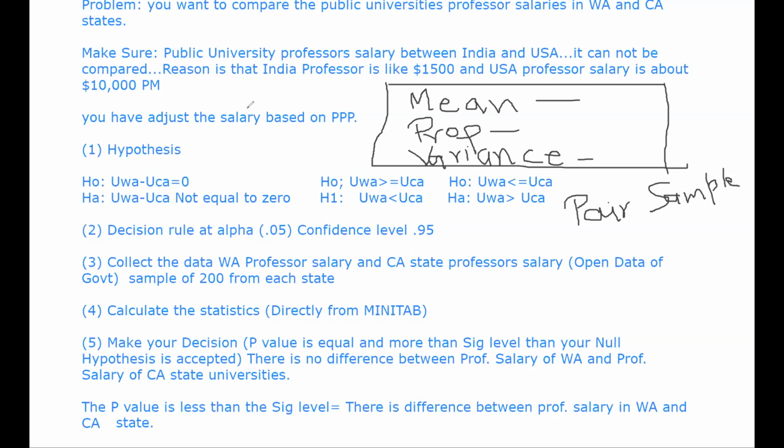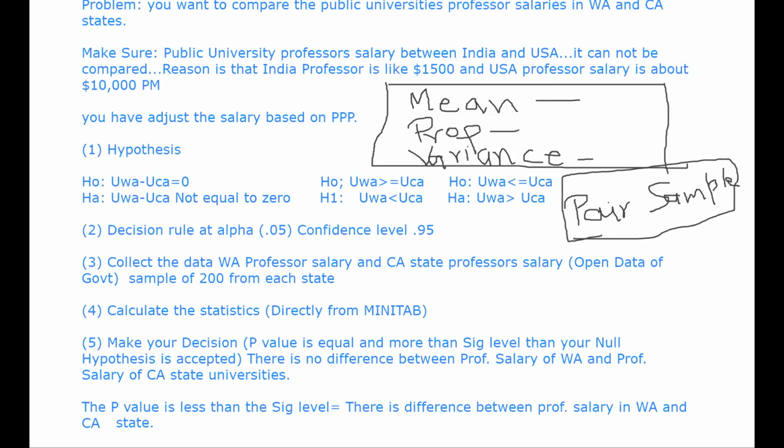So these are the two situations, two pairs with the same sample or same population. Before, after, longitudinal or other kind of thing. That is called paired sample. So these are the ways to test two sample hypotheses.